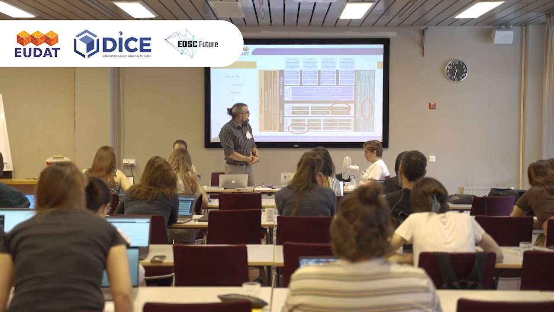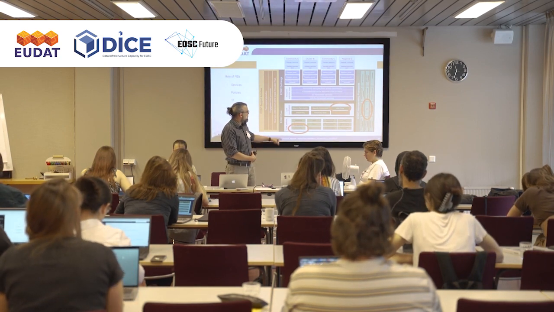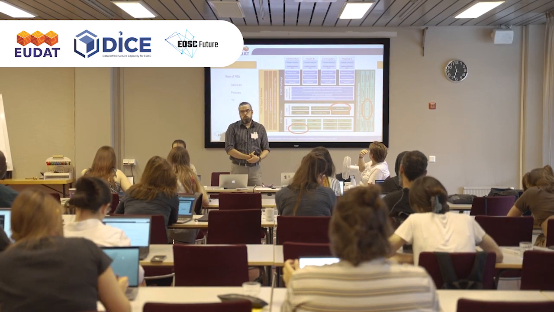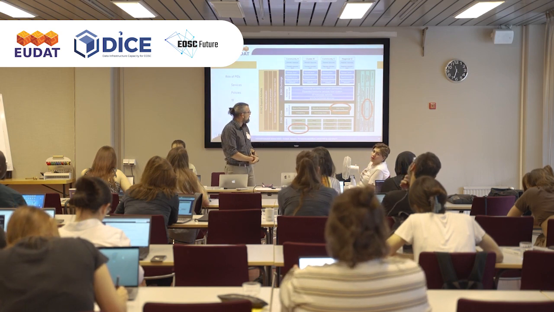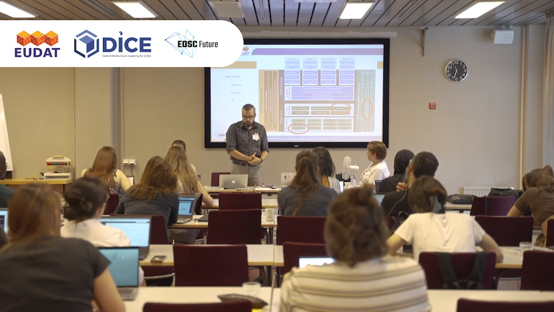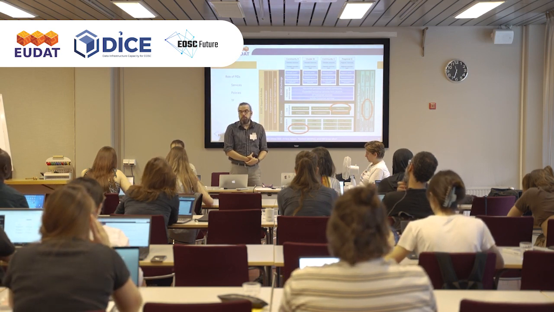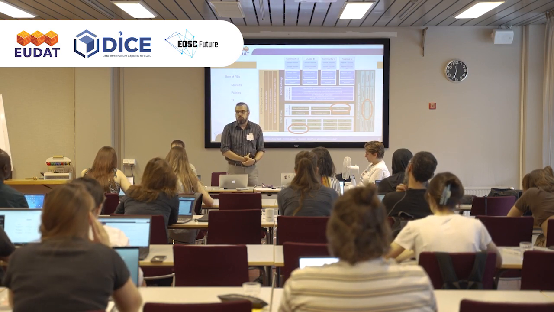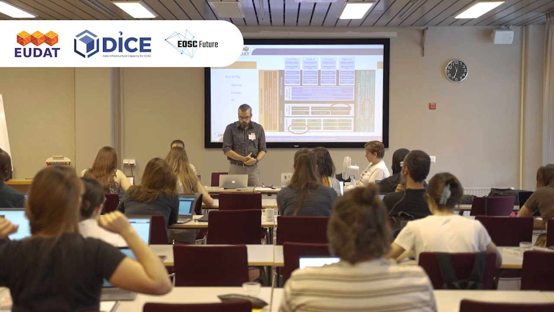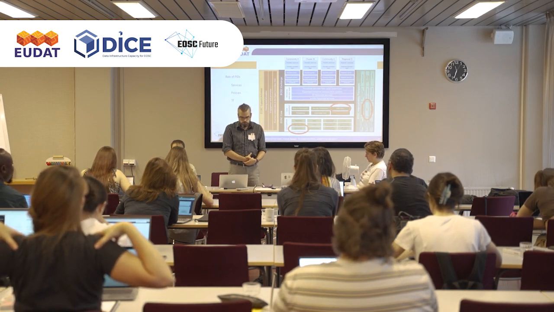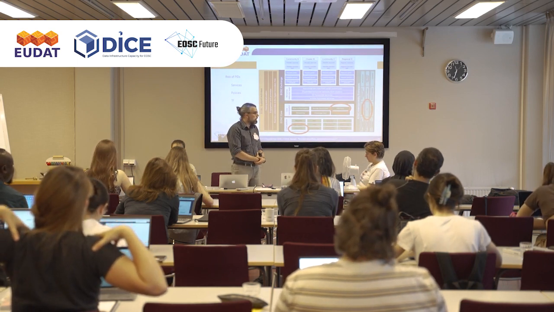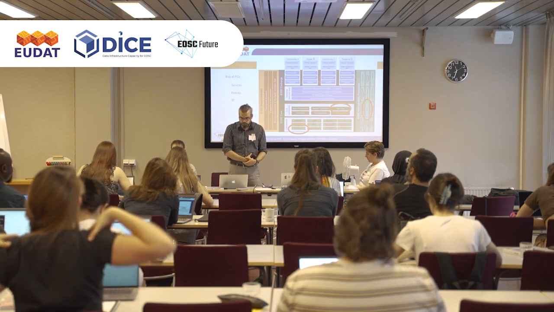You probably don't see the details, but what is marked with red circles are PID-related activities in the European Open Science Cloud, because EOSC recognized the importance and the role of persistent identifiers.